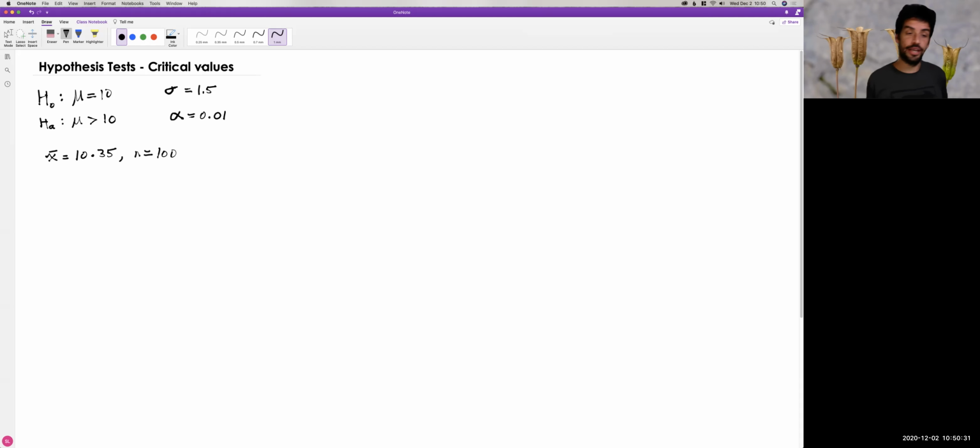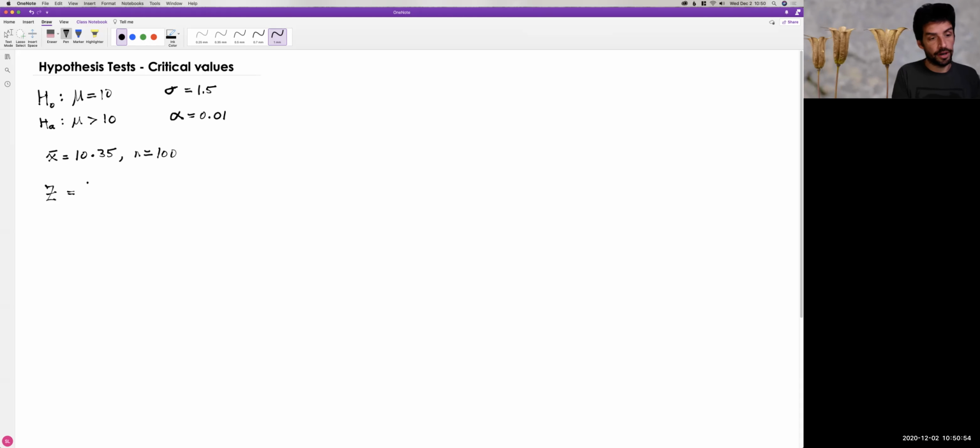So our standard way of doing this, and this is a perfectly reasonable way to do this, is to first identify the situation we're in. This is type 1, where we know the population standard deviation. And so we want to compute our test statistic, which in this case is a z-score, which is going to be x bar minus the mean over the standard deviation divided by the square root of n.